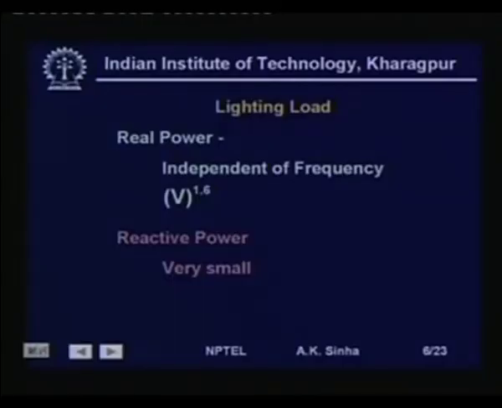That is, it is not exactly V square, but they can be modeled as varying with voltage. So, power is proportional to V^1.6. So, if the voltage increases by 10%, our power will increase much more. It is not a linear relationship, but the variation is V to the power 1.6.